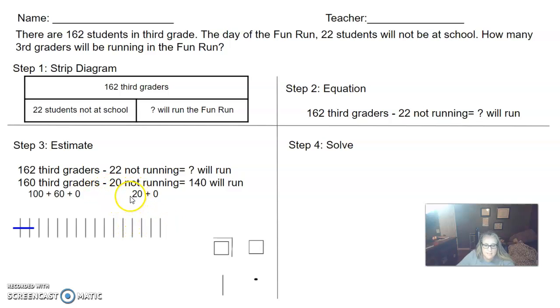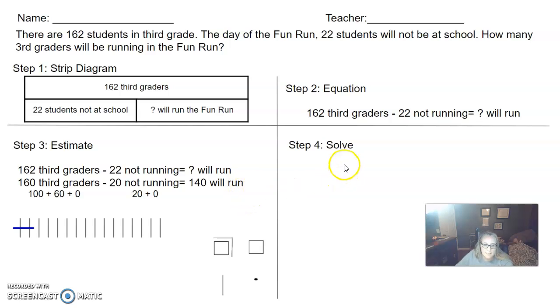And I have to get rid of 20, so I have to get rid of 2 10s, so I crossed off 2 10s. And when I do that, I can see that I have 10, 20, 30, 40, 50, 60, 70, 80, 90, 100, 110, 120, 130, 140 left. So I'm saying that I'm going to be somewhere close to 140 for my answer.